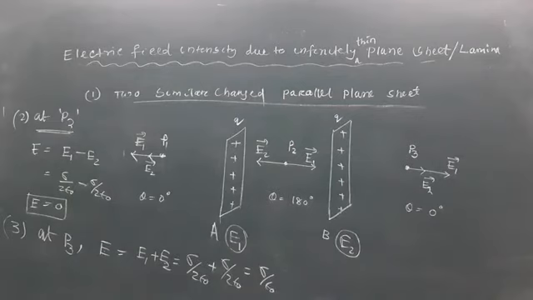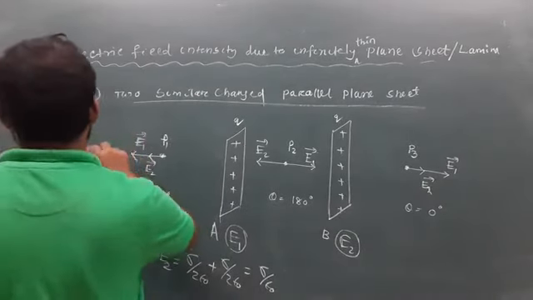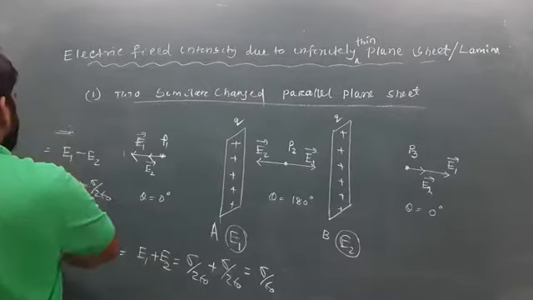Okay. So if we consider two similarly charged parallel plane sheets, then in between the plane sheets the electric field will be 0, whereas outside the plane sheets electric field is maximum. Okay. Now come to the second case.